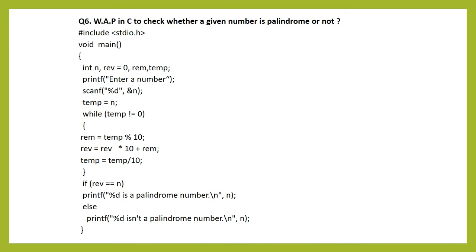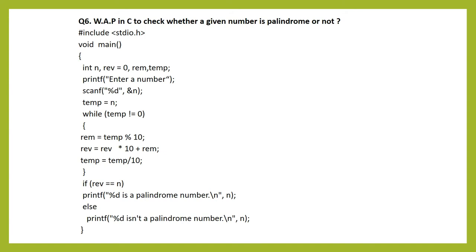Or 131, in the starting 131 is there, and at the ending side it should also read as 131. If you recall palindrome words, MADAM is one type of palindrome word. Initially MADAM is there, and at the end side also MADAM is there.